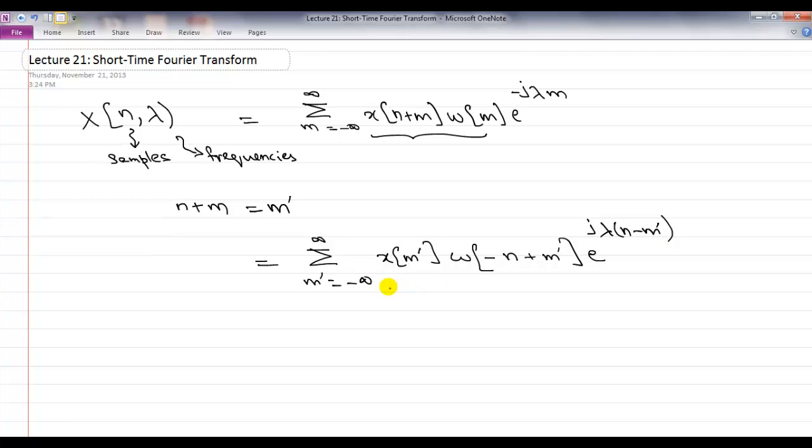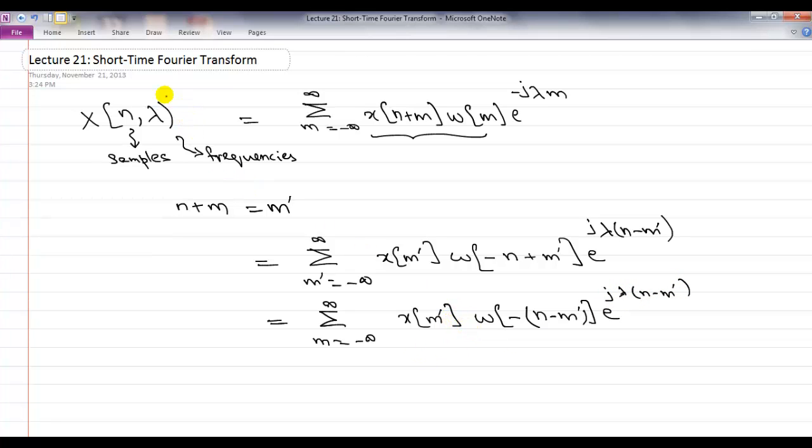I'm just replacing n plus m equal to m prime, or m equal to m prime minus n. And I'll write it in a different way so that you can relate it to something that you know well. It's x of m prime, w of minus n minus m prime, e to the j lambda of n minus m prime.